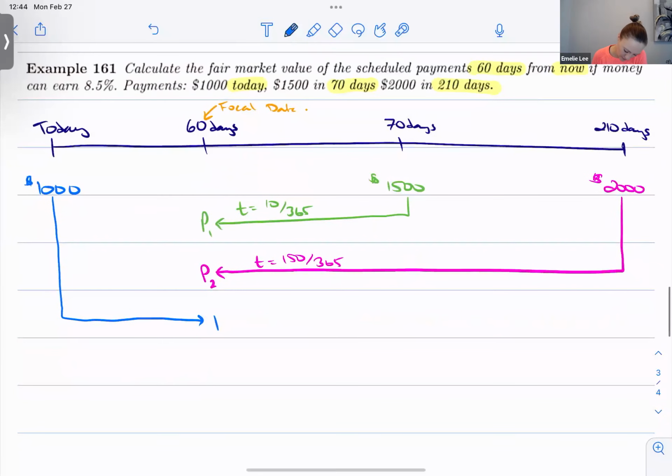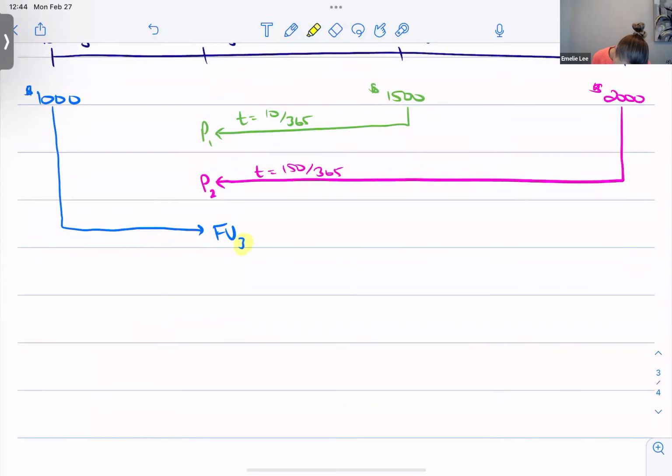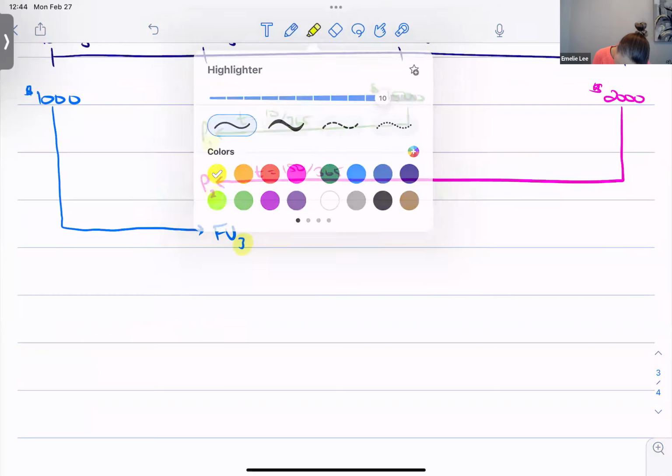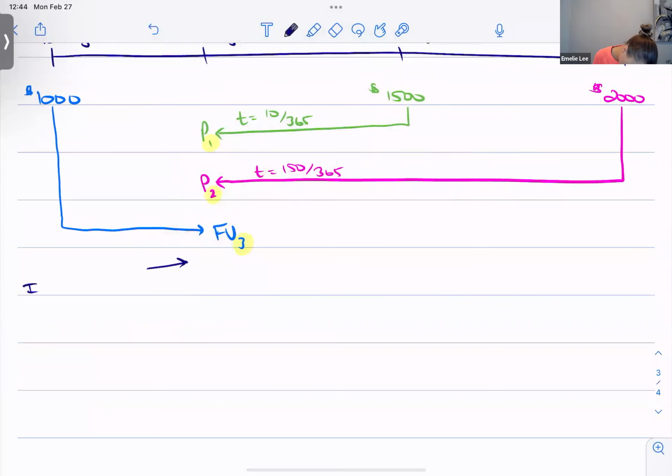So here, future value 3. Since there's only one future value, you don't have to put a subscript on there, but I usually use the subscripts to highlight the order of my calculations.